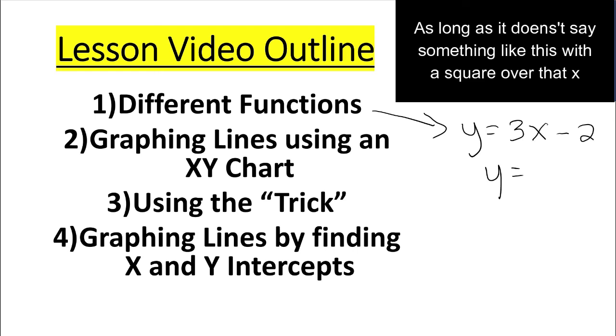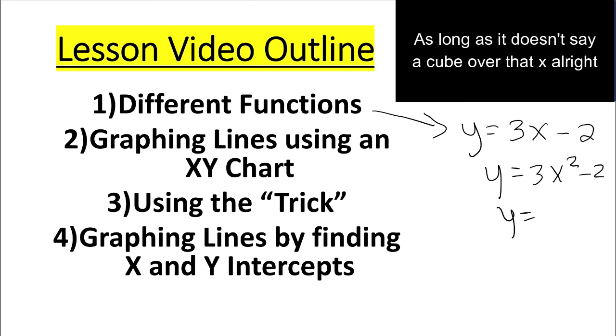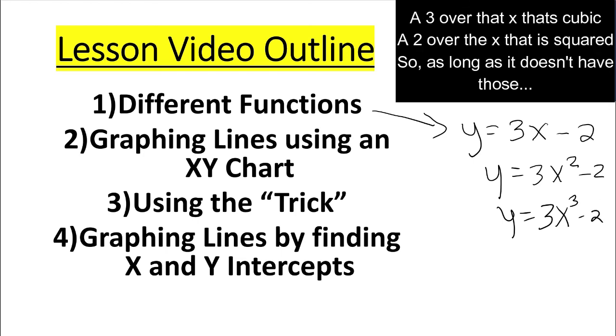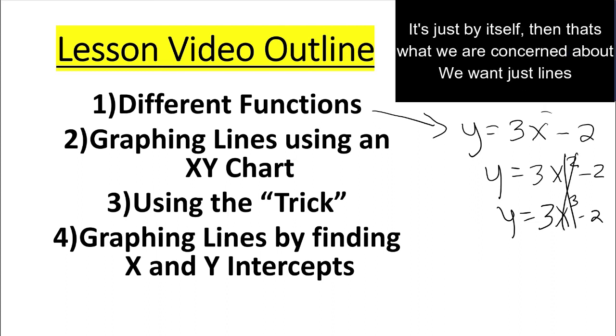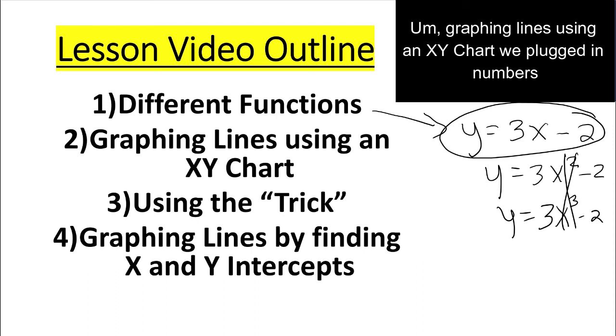As long as it doesn't say something like a square over that x, or a cube over that x. A 3 over the x is cubic. A 2 over x is squared. As long as it doesn't have those, it's just by itself, then that's what we're concerned about. We want just lines.